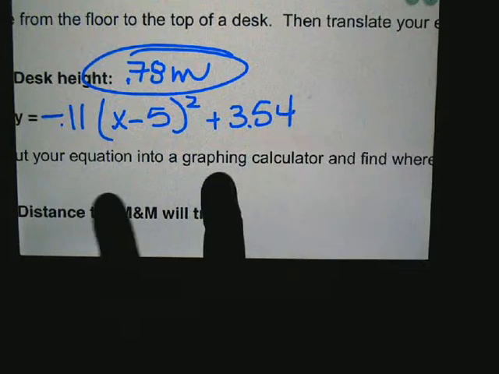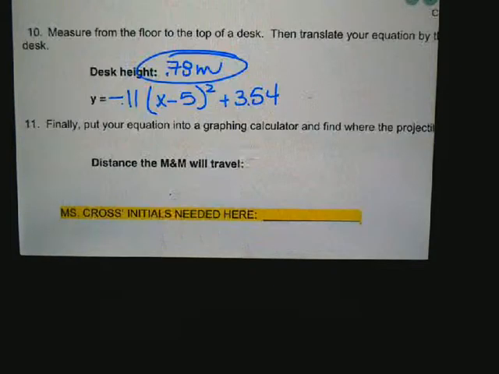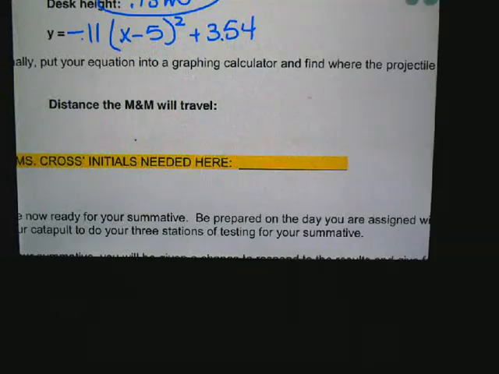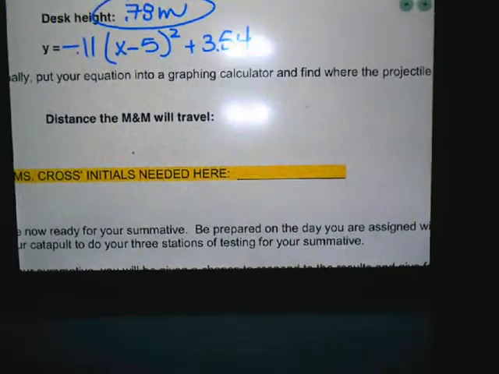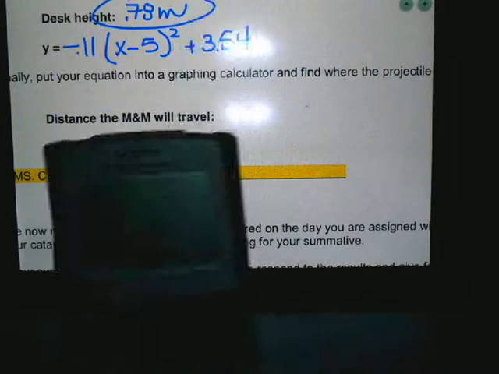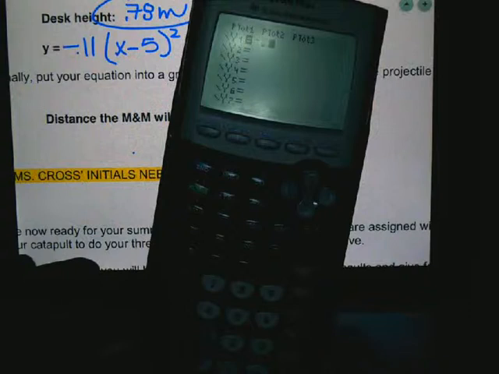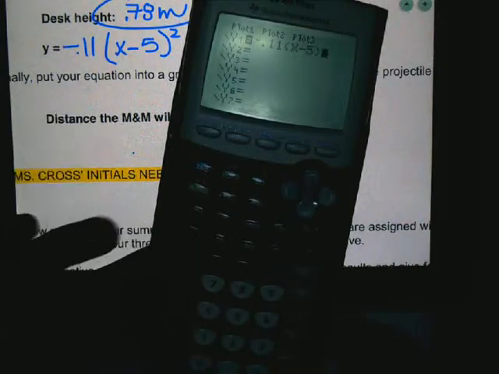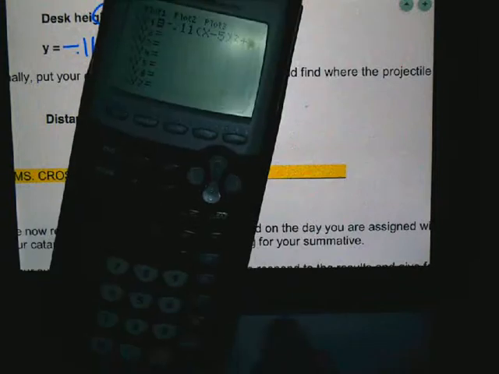Okay. Now we're supposed to put this equation into my graphing calculator. So I'm going to go ahead and turn this on here. So we have negative 0.11 times x minus 5 squared plus 3.54.